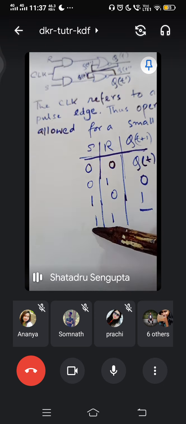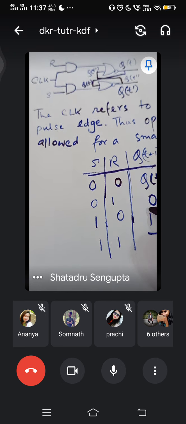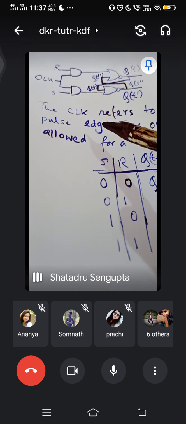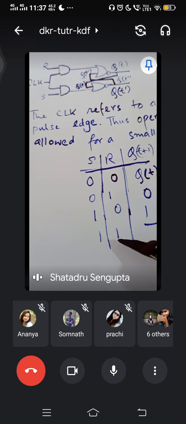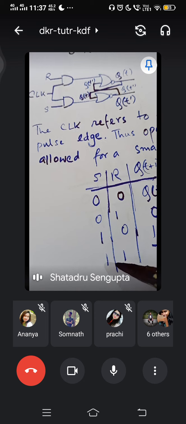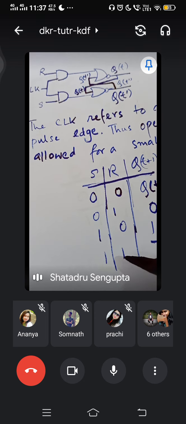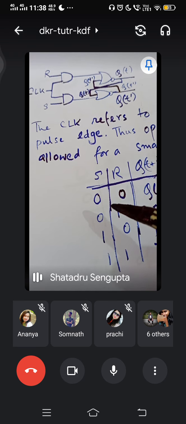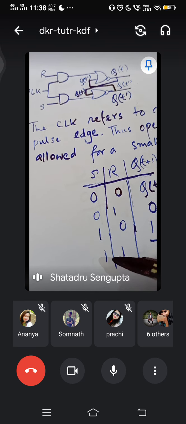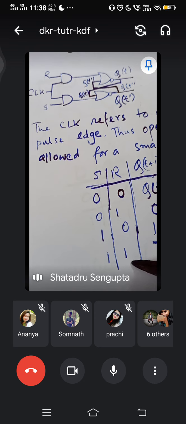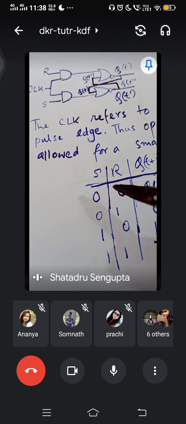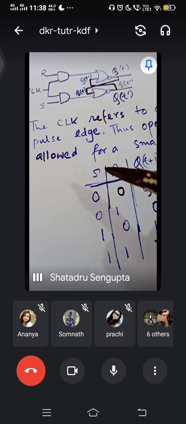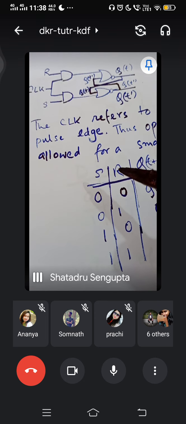And as usual, 1 and 1 is undefined, and it makes a certain amount of sense, because you are either setting or resetting, you don't do it at the same time. For example, take the toggle button, the on-off switch of a TV.